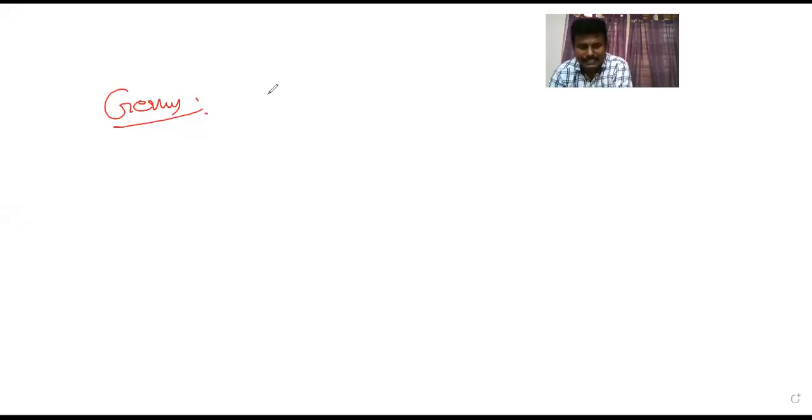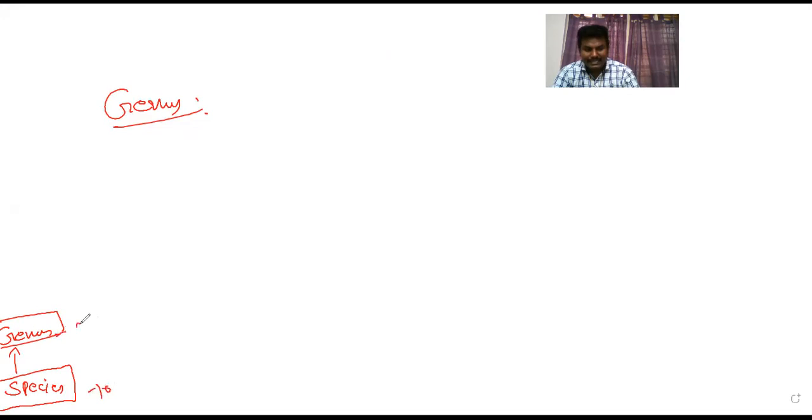Next topic is genus. So first one is species, next one is genus. In these taxonomic categories, the lowermost category is species, next genus. Among the species, closely resembling characters are more. Comparatively, in genus, closely resembling characters are a little bit decreased. Here 10 characters are similar, here 9 characters are similar.